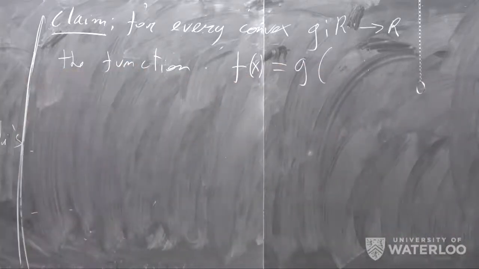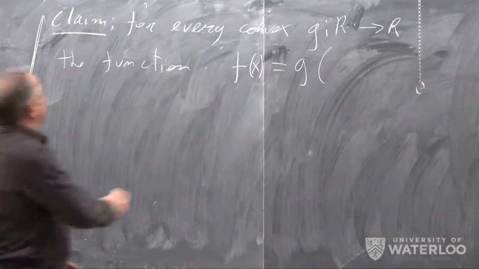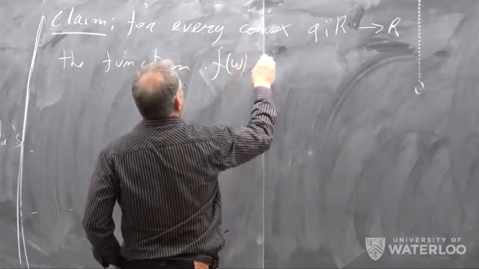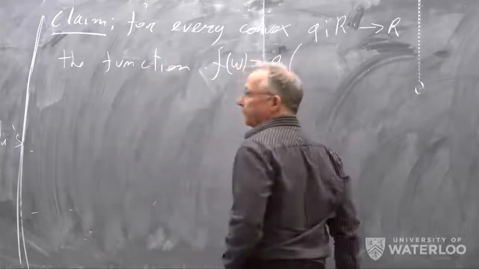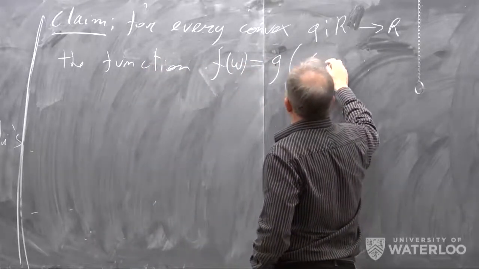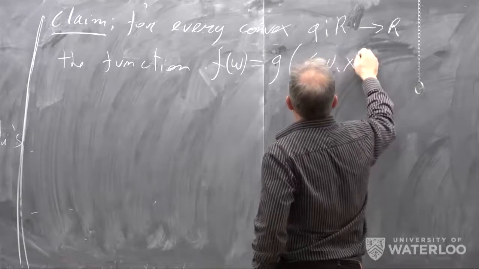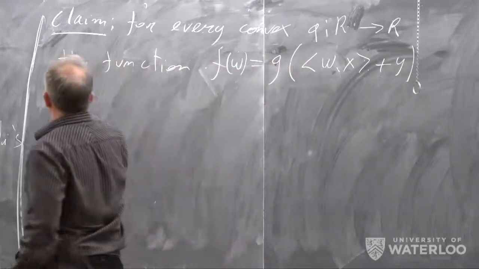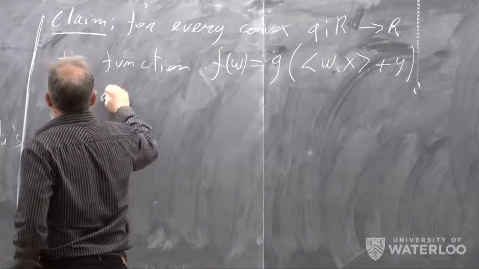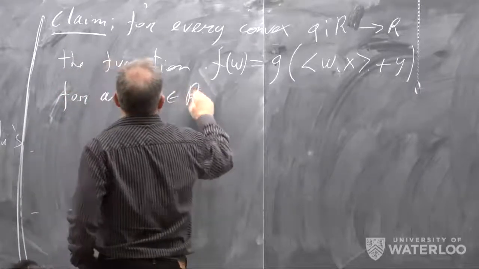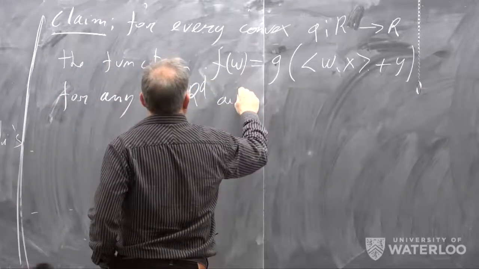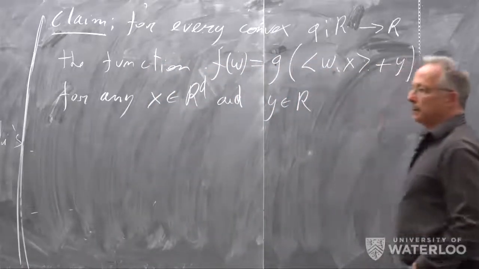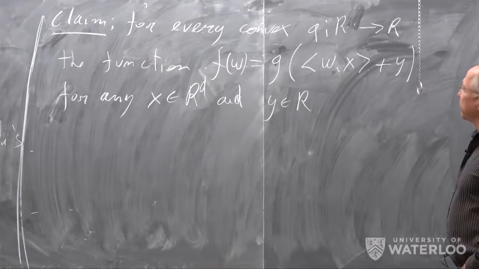My new function is going to be f of w equals g of the dot product of w and x plus y, for any x in Rd and y in R. So where f is going from where to where?